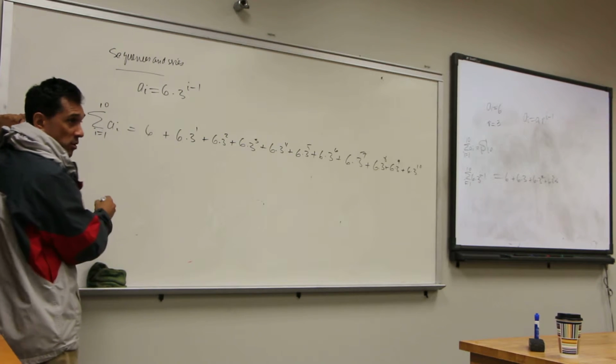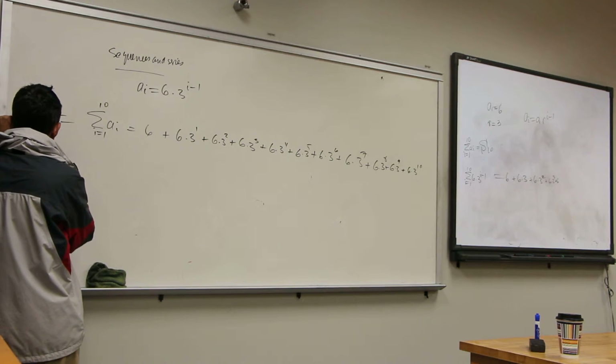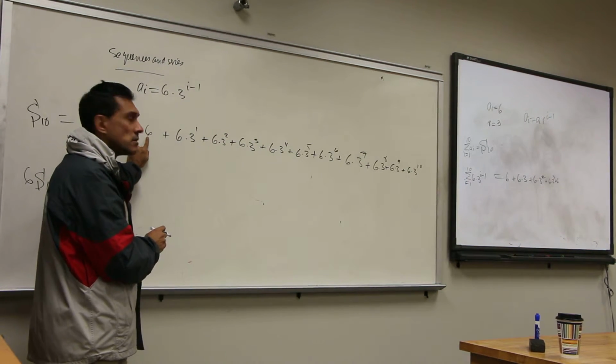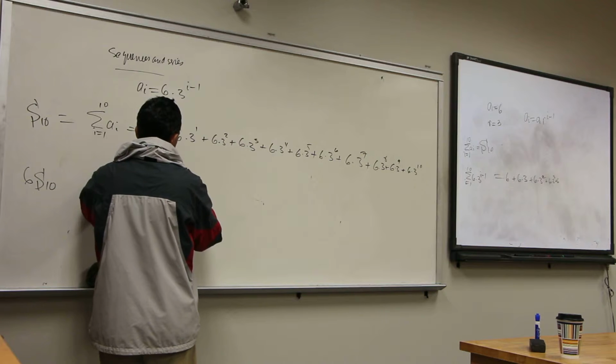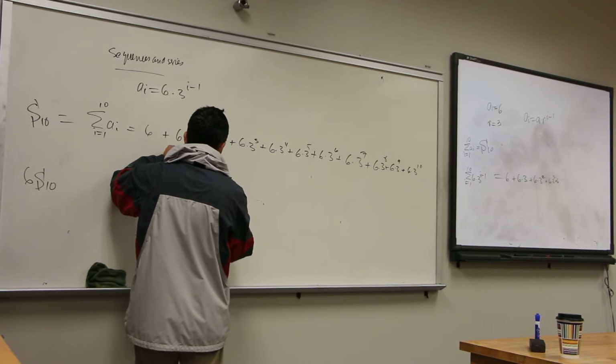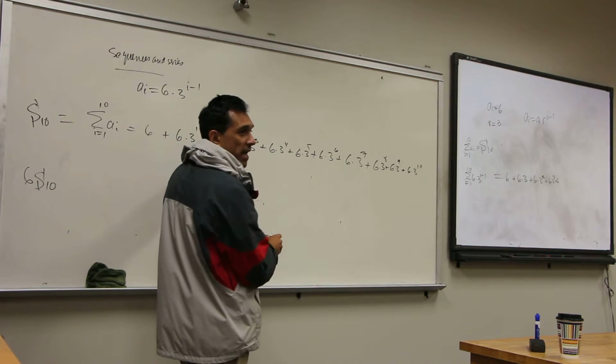So I'm going to get 6 times what I want. That is to say, I'm going to take each term and multiply it by 6.